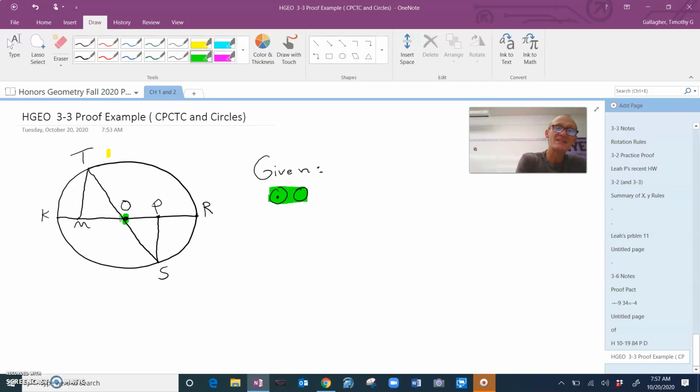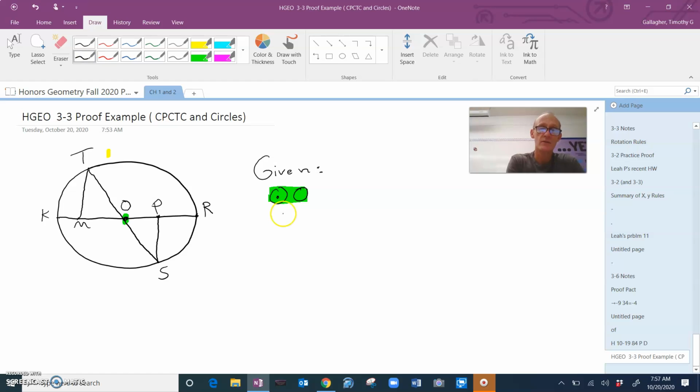So what that means right away is all the radii from that center are the same. There's those two, this one, and this one. All four of those segments are equal, because all radii are congruent. Now I'm going to take those highlights away.